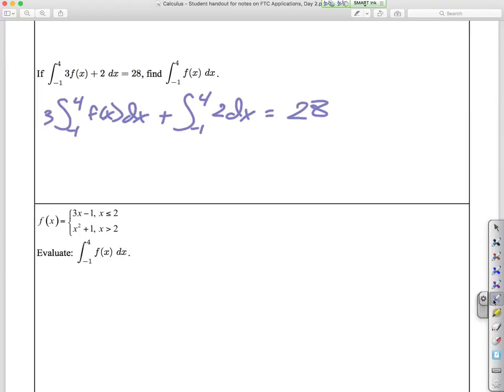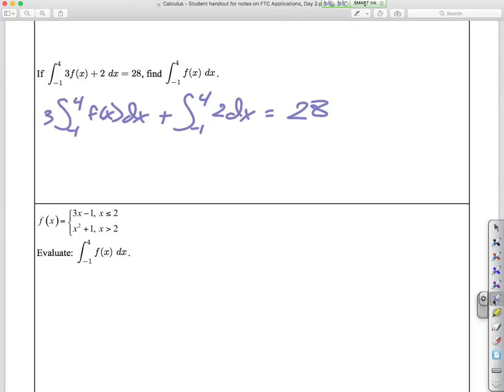Alright, Gabriel, what do you think's next? Caleb, what do you think? Would you divide the 2? I can't divide the 2. Alright, so what do you think? Alright, I could divide by 3, but I don't want to do that just yet.